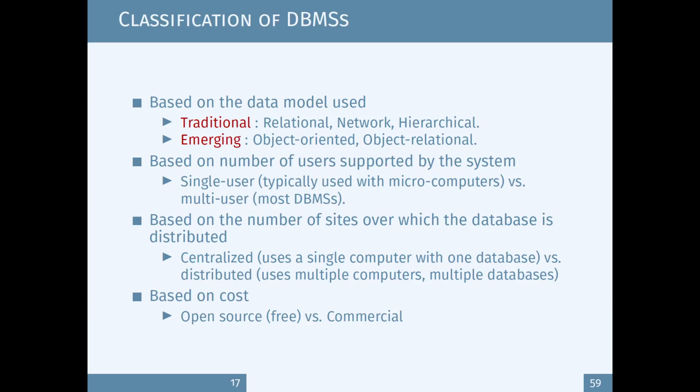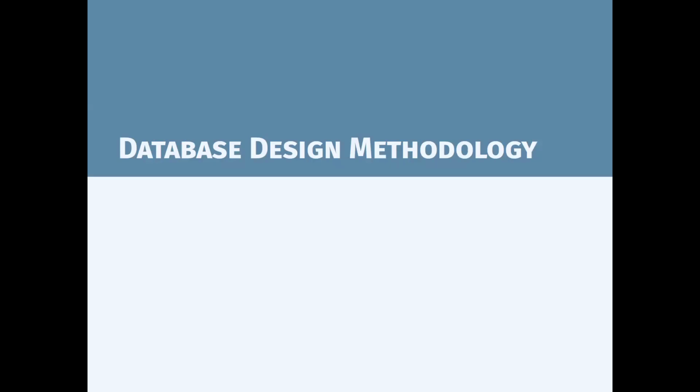Right. Now let's look at the database design process. I would like to discuss how a database is designed. What are the basic steps? In the next section, I'm going to focus on how you design a database. First, we need to understand the database design process.